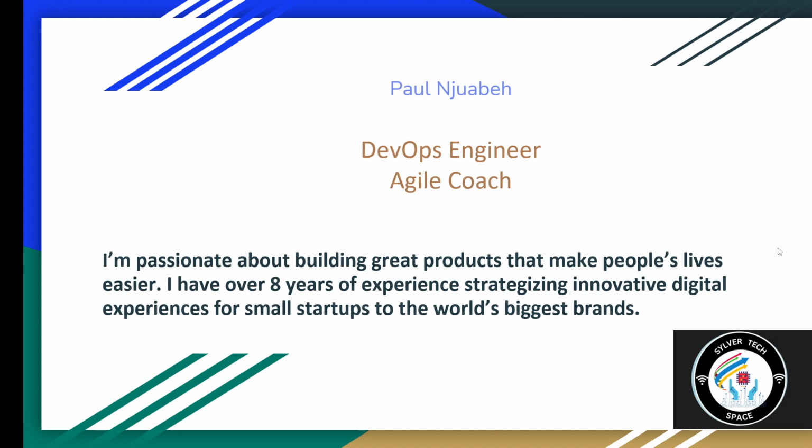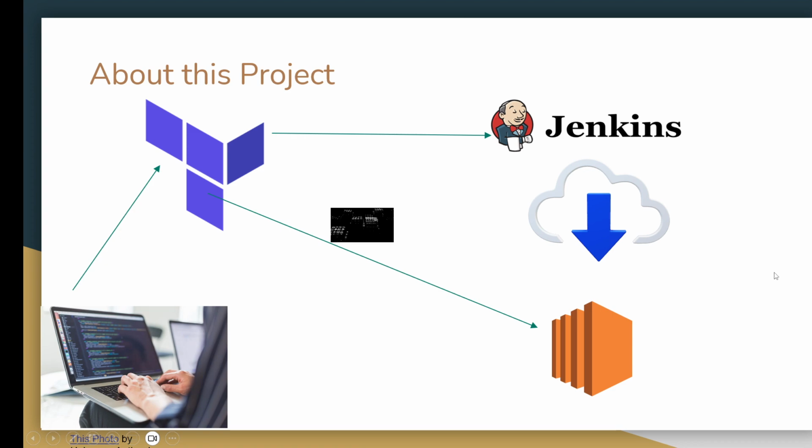And right before we dive into the project, let us see what is going to be the design of this project. So looking at the design that we have here right now, you have a user right here that you can build, you configure your code using Terraform, and the goal of this code will be to launch an instance on AWS cloud.